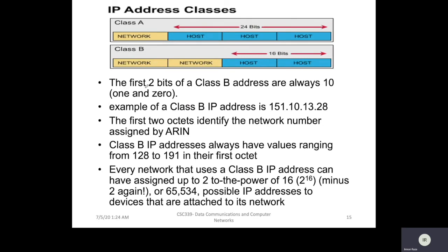Okay. And if I talk about class B, in class B the first 2 octets represent the network portion, and the remaining 2 octets represent the host portion. And remember, the leftmost 2 bits of the first octet of these 32 bits are always 1, 0, right?